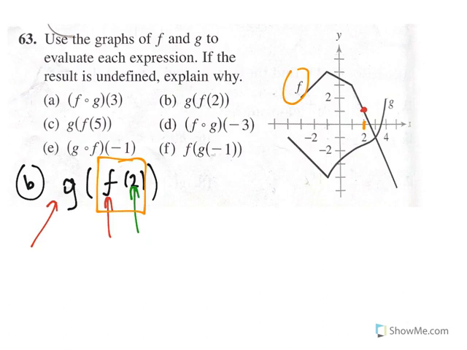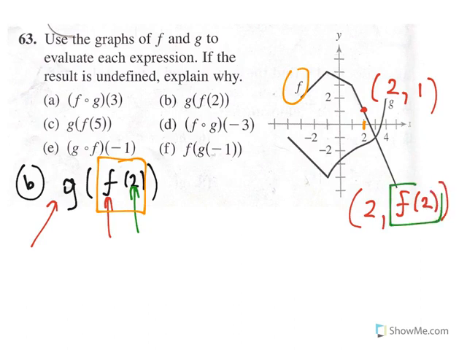It has a y-coordinate of 1. So this point has coordinates 2, 1. But again, remember, 2 is the input, the function is f, and the output from the function f, when the input is 2, is given by f of 2, which is, of course, the same as the y-coordinate. So f of 2 is equal to 1.